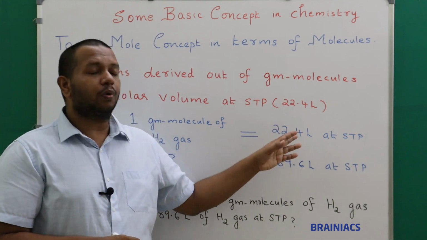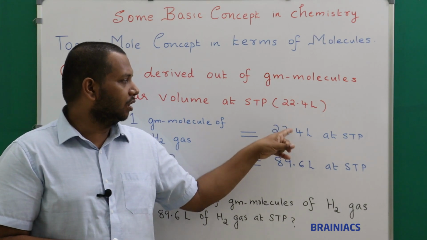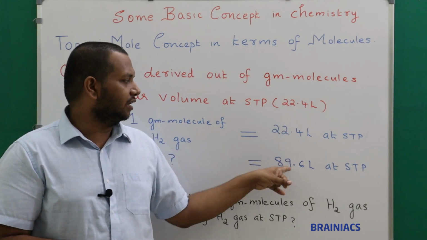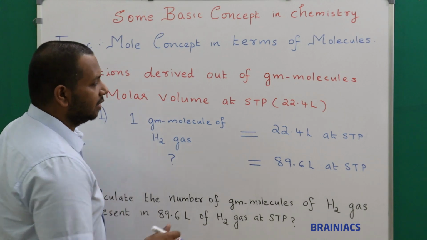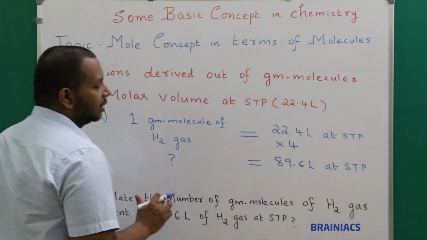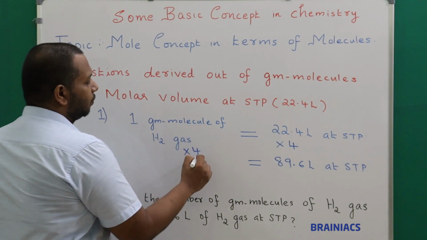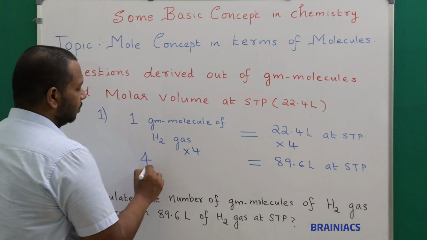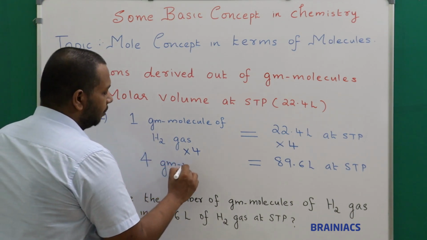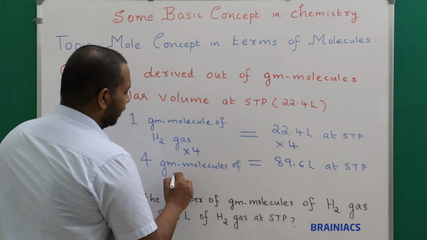And 22.4 into 4: 4 into 4 is 16, 4 into 2 is 8, 9, so 89.6 liters. So I can say this is multiplied by 4, so that this becomes 89.6 liters. So here also it should be multiplied by 4, so that this will become 4 gram molecules of hydrogen gas.